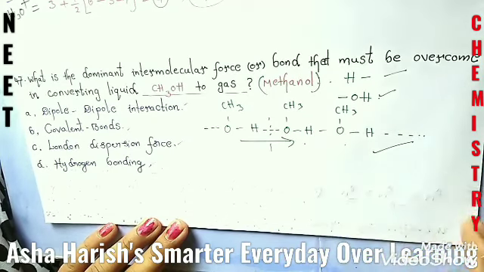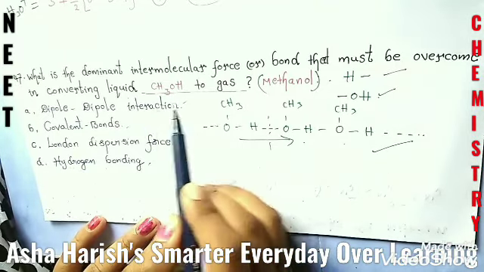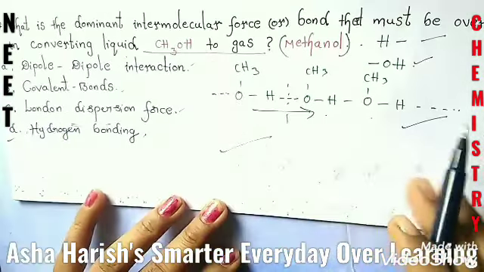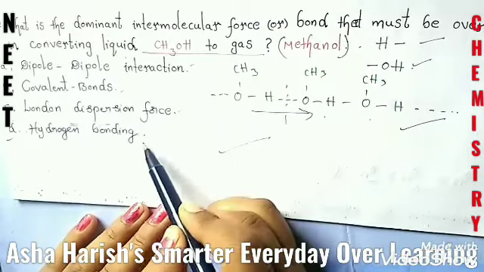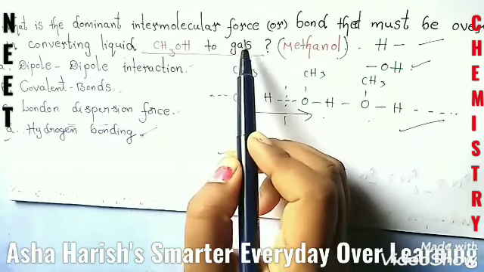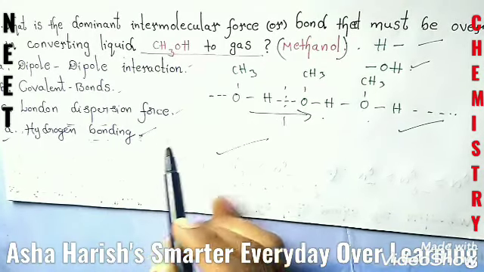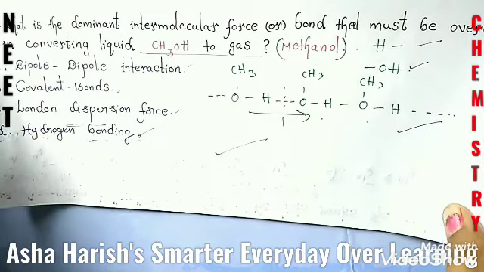Here the correct one is option D, that is hydrogen bonding. This is the correct answer. And students, let's go for the next question.